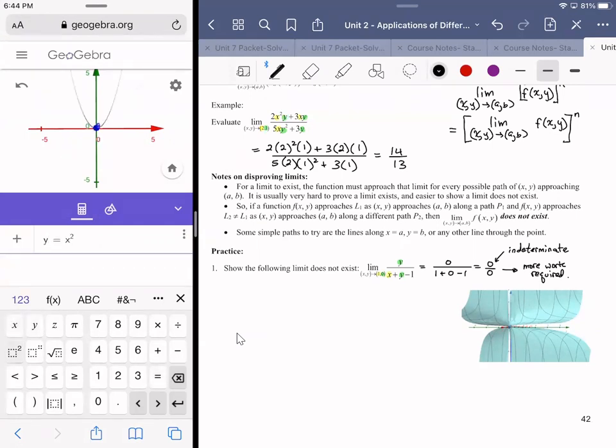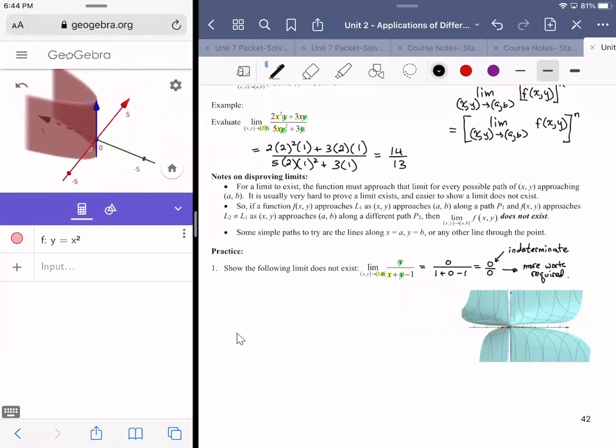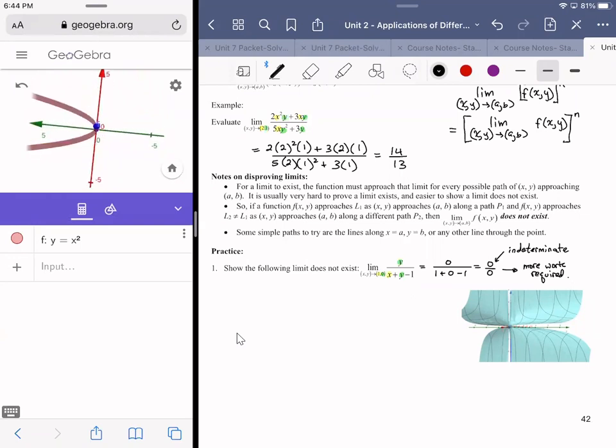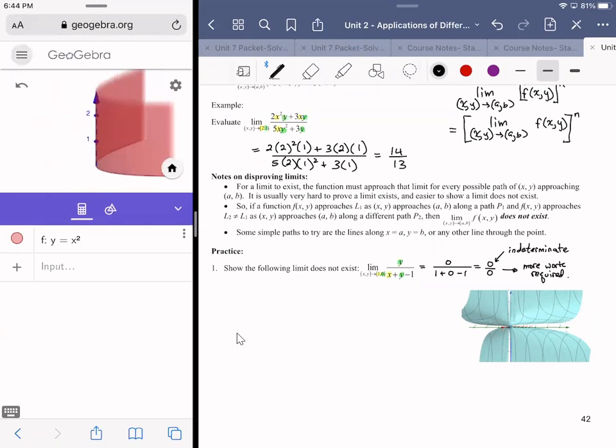So y equals x squared, but in 3 dimensions. All right. So that's y equals x squared with infinite height. So if I'm looking at this the way I ordinarily would, if I can get it to have the right orientation. It's really, I guess, not that important.